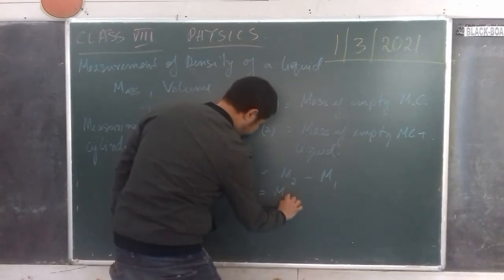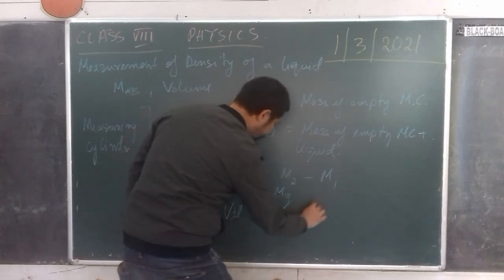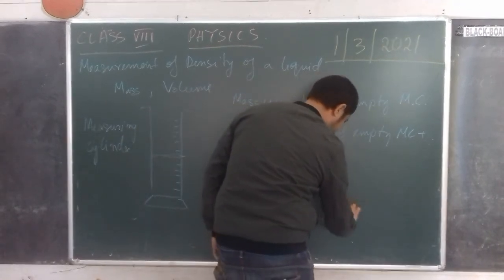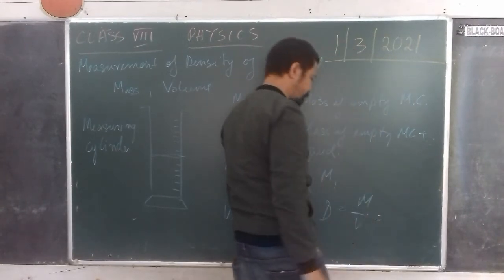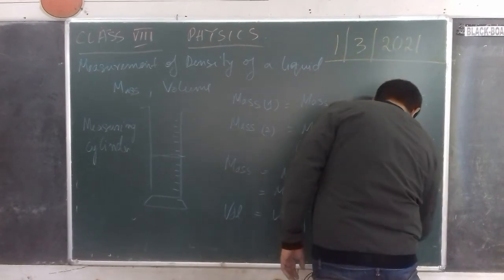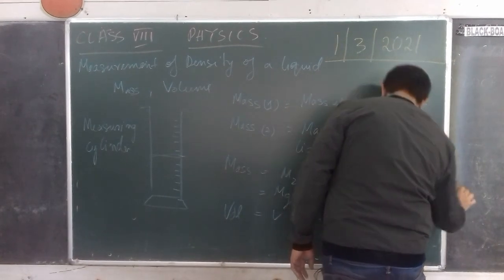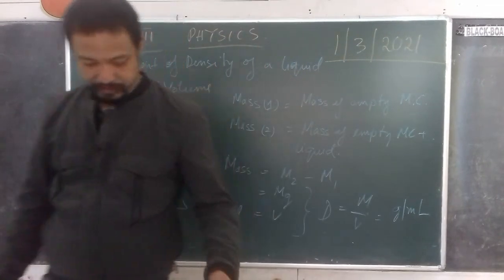Let's say this is m grams and volume is V, and based on these you'll get your answer, in grams per milliliter, of whatever liquid you've put inside the measuring cylinder.